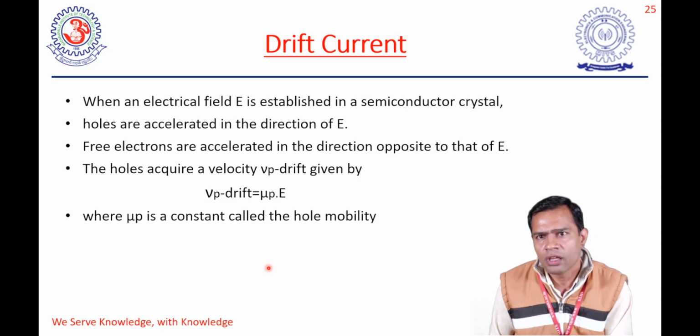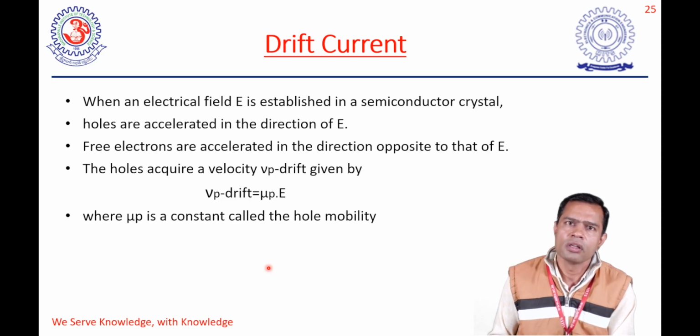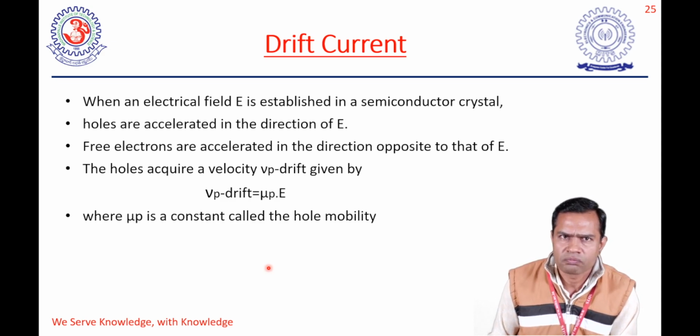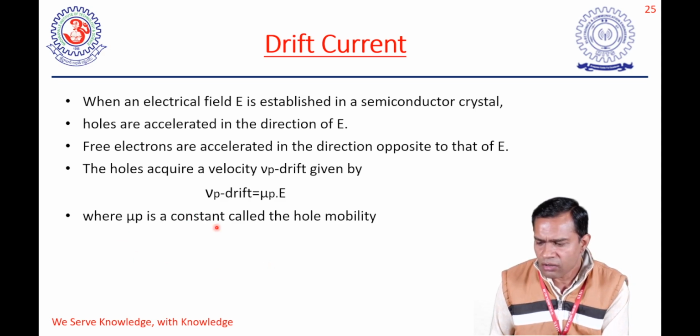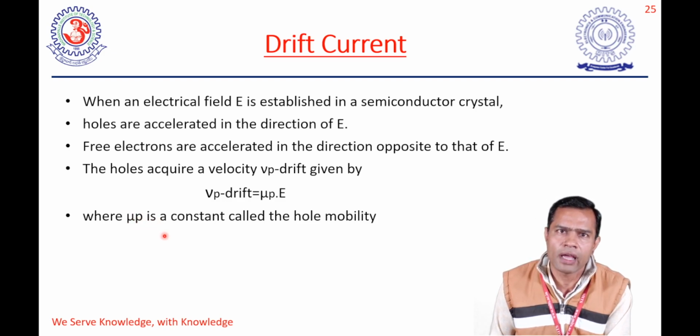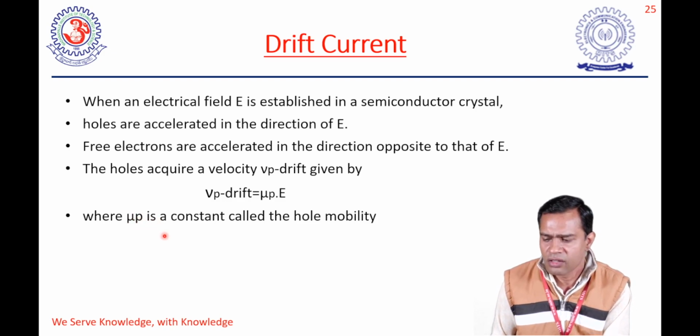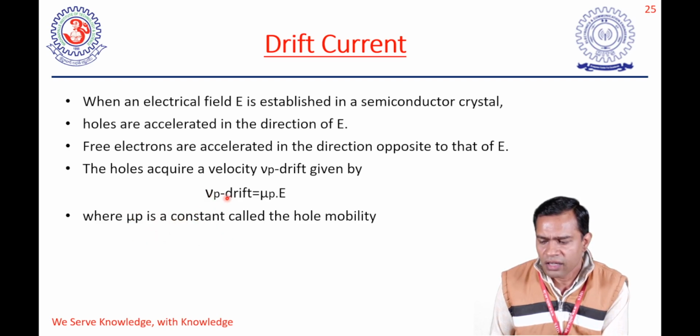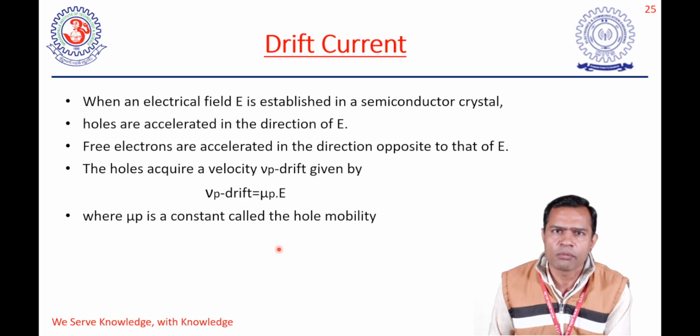Carrier may be hole or may be electron. So mu p is called hole mobility; if we talk about electrons, p is replaced by small n, so Vn is equal to mu n multiplied by the electric field.